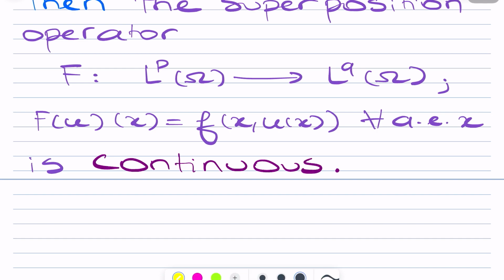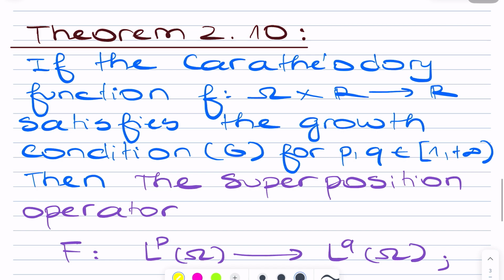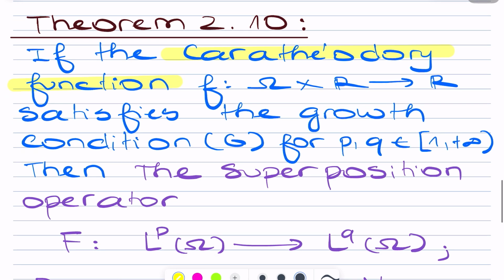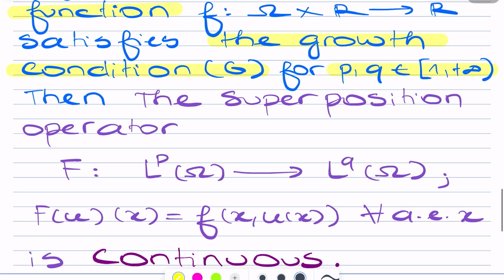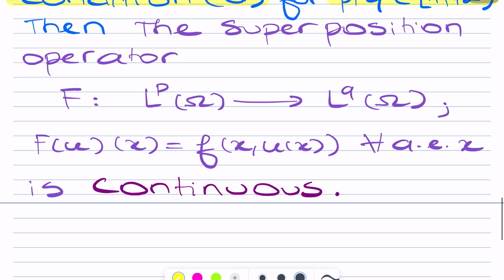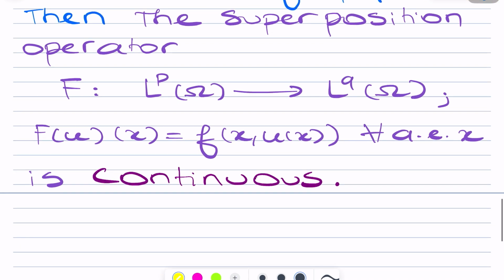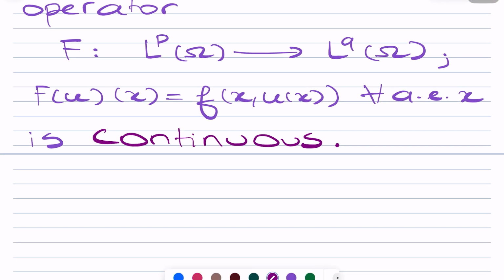So let me just highlight some of the key assumptions. We need first a Caratheodory function that satisfies the growth condition G. Of course, now we need p and q to be between 1 and plus infinity, plus infinity excluded. So in this case, the corresponding superposition operator, or the Nemytskii operator, associated to the function little f is actually continuous. Okay, so let's have a look at the proof.